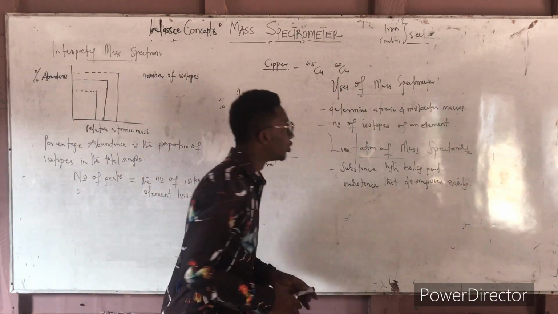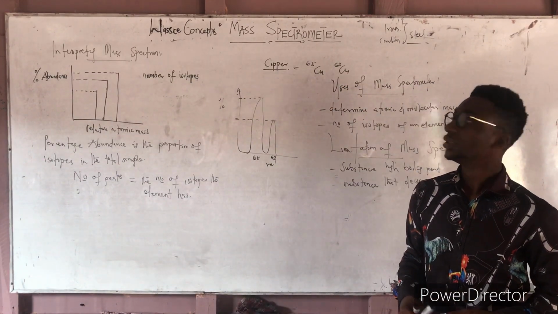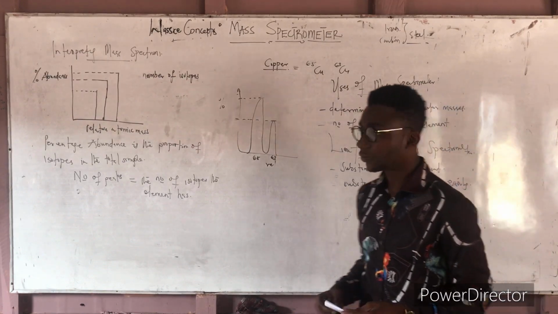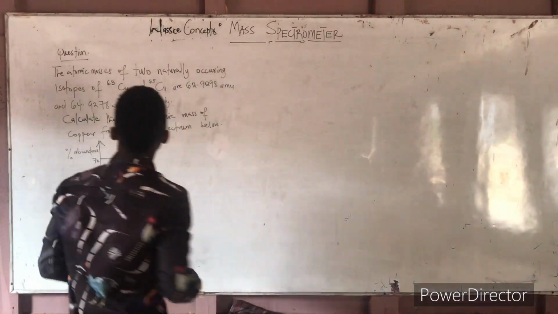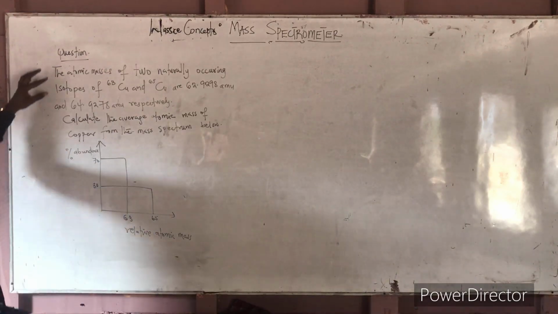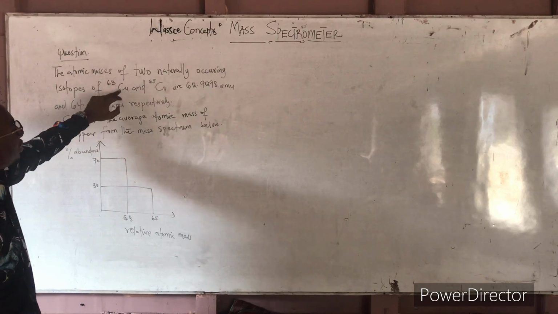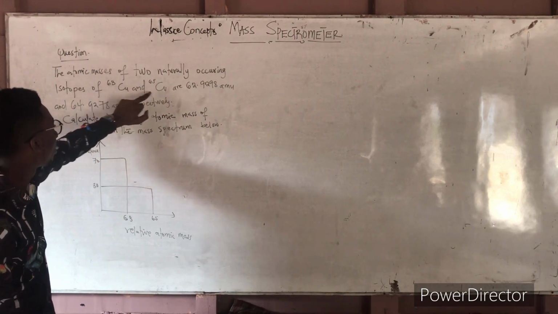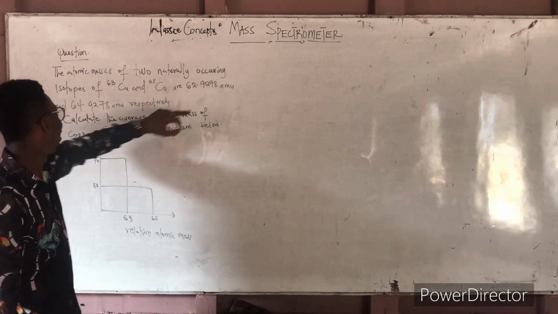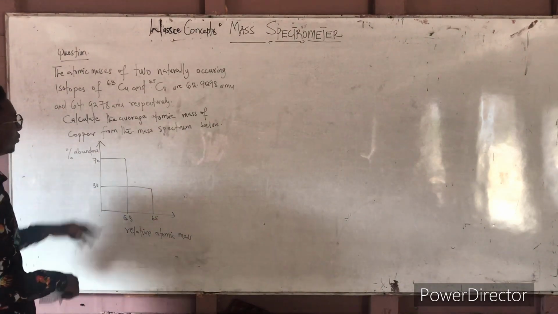Okay. So now I want to take a typical WASSCE example question and look at how we can determine the relative atomic mass. The question says that the atomic masses of two naturally occurring isotopes of copper, with mass number 63 and mass number 65, are 62.9298 AMU and 64.9278 AMU, respectively.